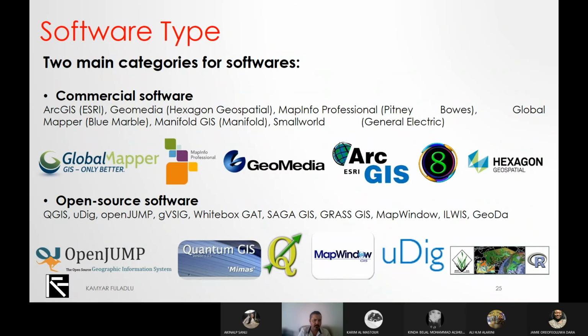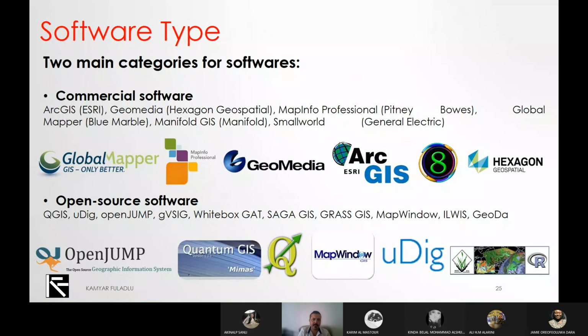These are the most important, let's say, commercial software. So you need to buy and purchase the license of them. And like any other program, we also have open source, such as UDIG, QGIS, OpenJUMP, GRASS GIS, and Geodata, many other, let's say, open source software.